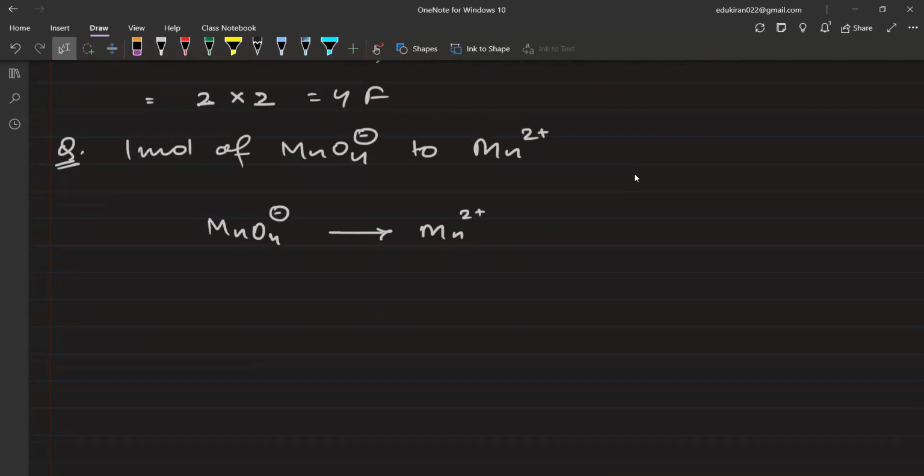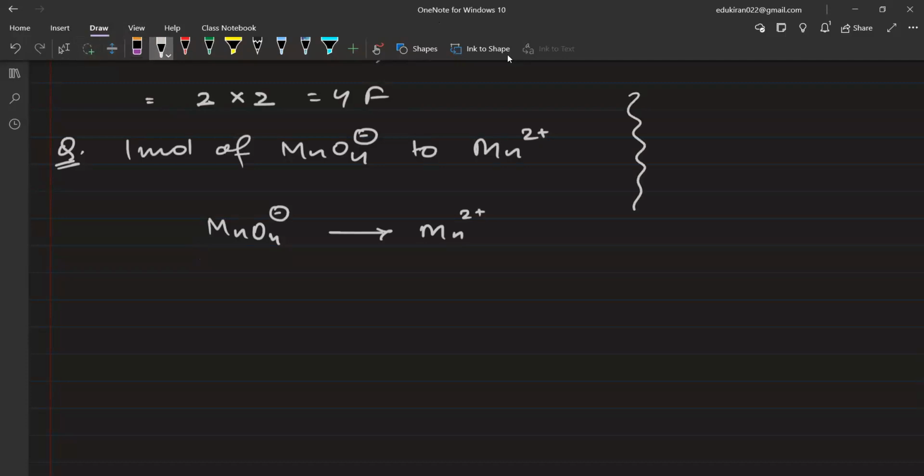Now, how many of you can calculate the oxidation state of manganese in MnO4 negative? Raise your hand if you can. Okay, no problem. It happens, people forget 11th class things.